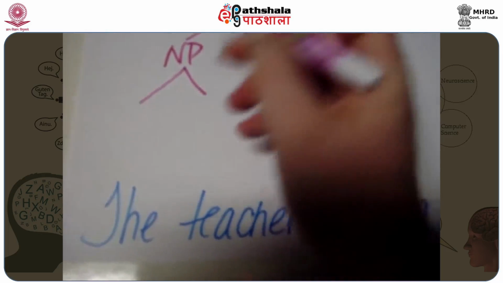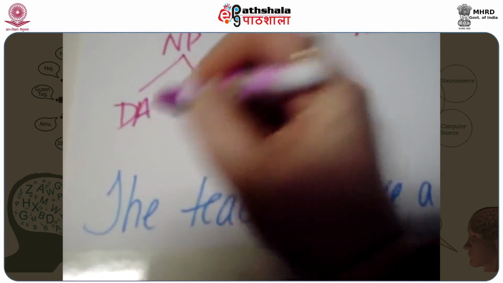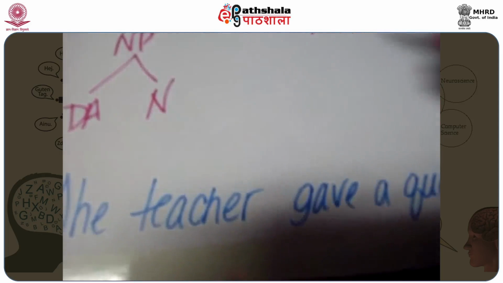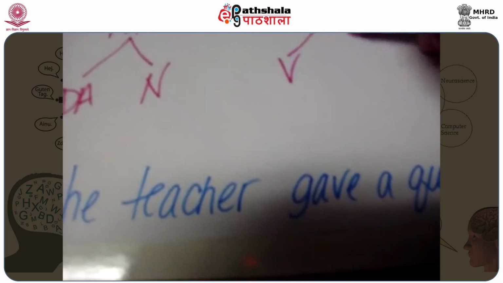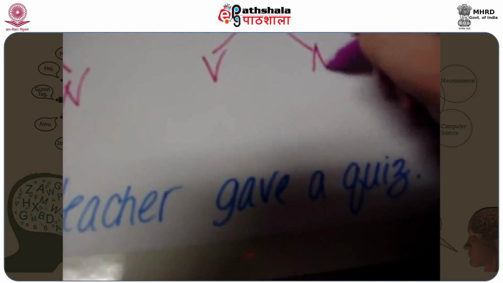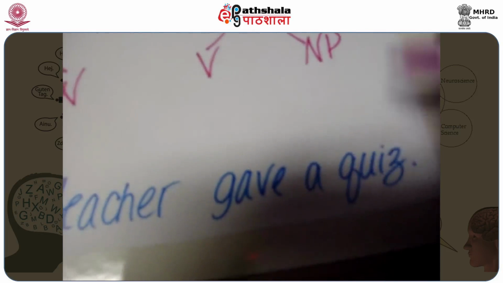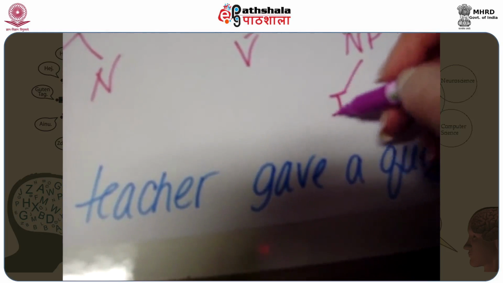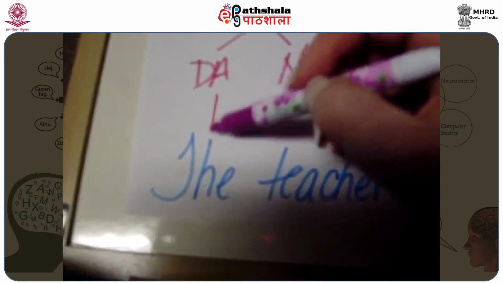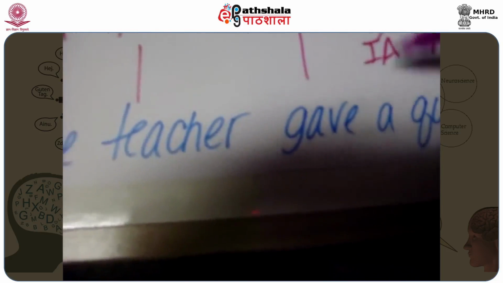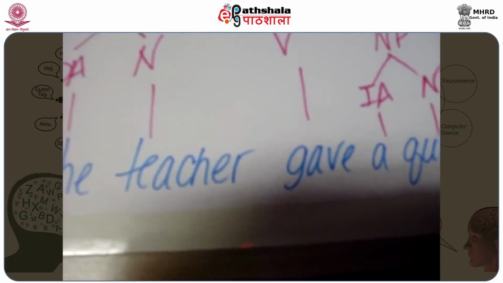In the noun phrase, we have our definite article and our central noun. In our verb phrase, we have our verb. And also in the verb phrase, we have another noun phrase because we have our direct object with an indefinite article and the central noun. So the teacher gave a quiz.